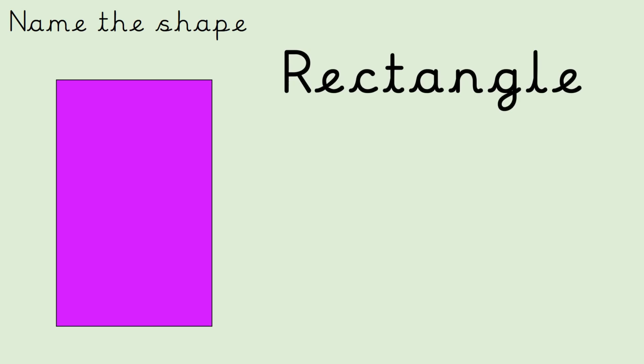What shape do we have here? It looks a little bit like a square, but it's not a square, it's a rectangle. How do we know that this is a rectangle and not a square? Well, we know it's a rectangle because it has 4 sides. However, the sides are not equal.